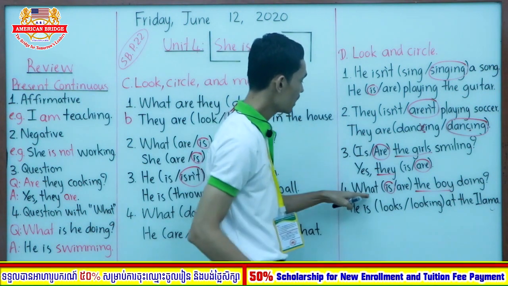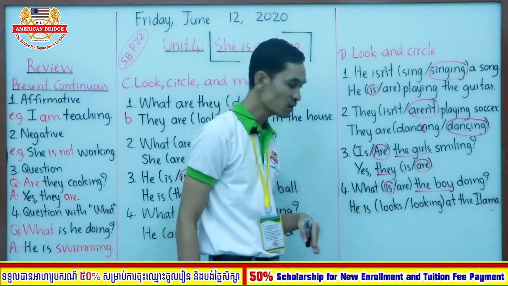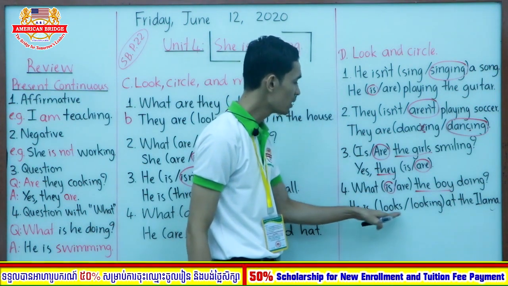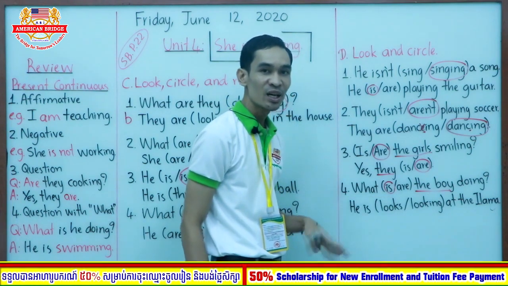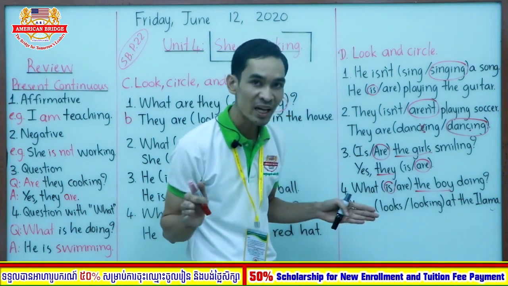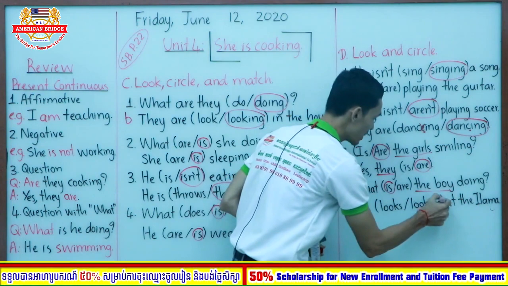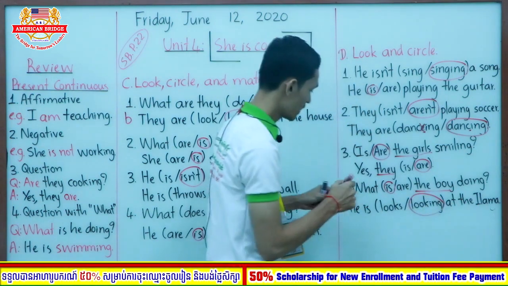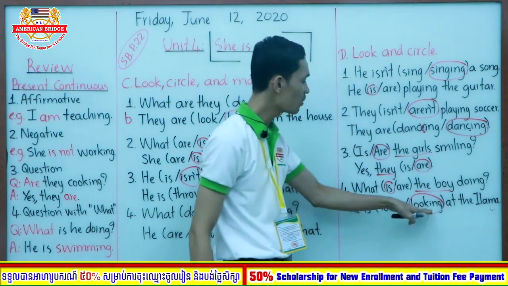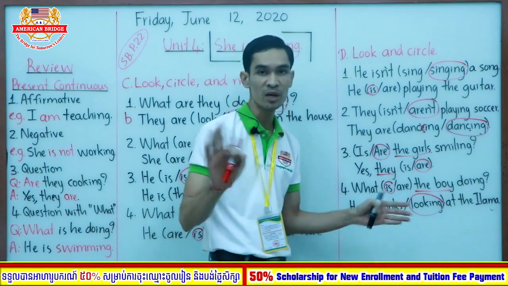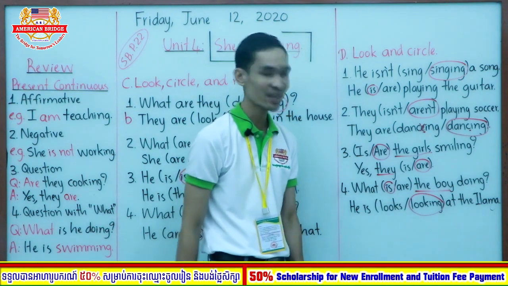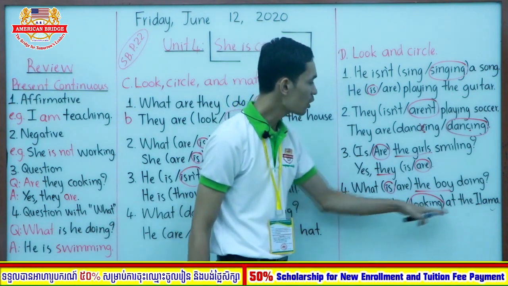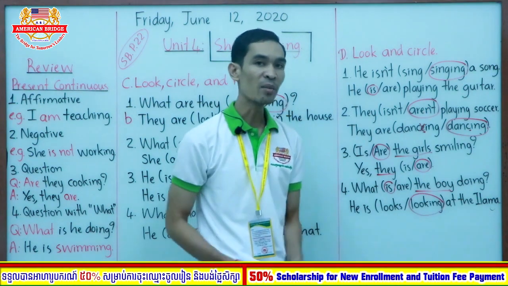So you say, what is the boy doing? He is looks or he is looking. Subject plus be plus verb ing, so it must be looking, right? You cannot say plus a verb s or es or ies, okay? He is looking at a llama.